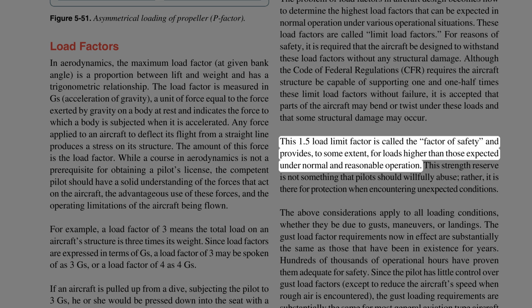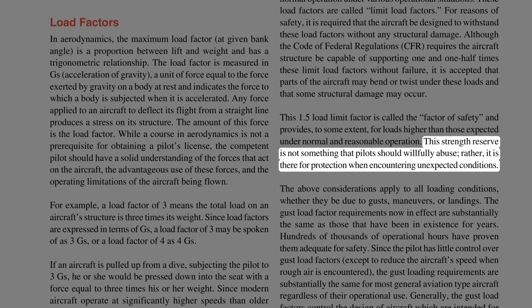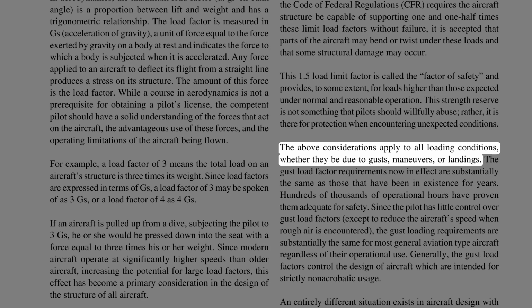This 1.5 limit load factor is called the factor of safety, and provides, to some extent, for loads higher than those expected under normal and reasonable operation. This strength reserve is not something that pilots should willfully abuse, rather, it is there for protection when encountering unexpected conditions. The above considerations apply to all loading conditions, whether they be due to gusts, maneuvers, or landings.